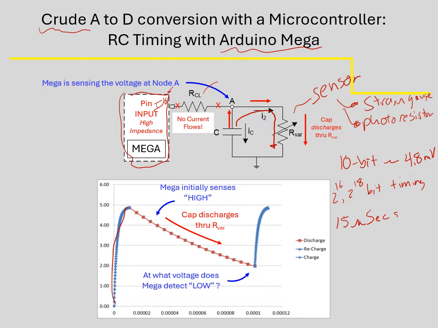Depending on the status of the photoresistor, how much resistance it has, this is either going to discharge quickly or discharge slowly. We're measuring the length of time it takes for that capacitor to discharge. So that's your delta T, and that corresponds to the resistance in the photoresistor. That's a simple way to do A/D conversion. We actually used to do a lab on this. We are not doing it this year.